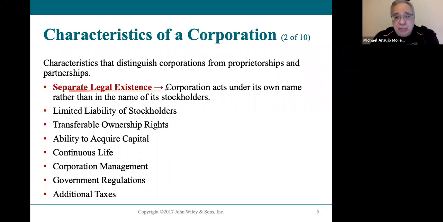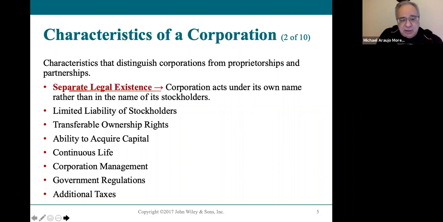So if Mike Arujo does anything wrong, all of Mike Arujo is going to get sued, both the business part and the personal part. A corporation is a separate legal entity, separate even from the people who started it and run it. And that's a very important distinction.